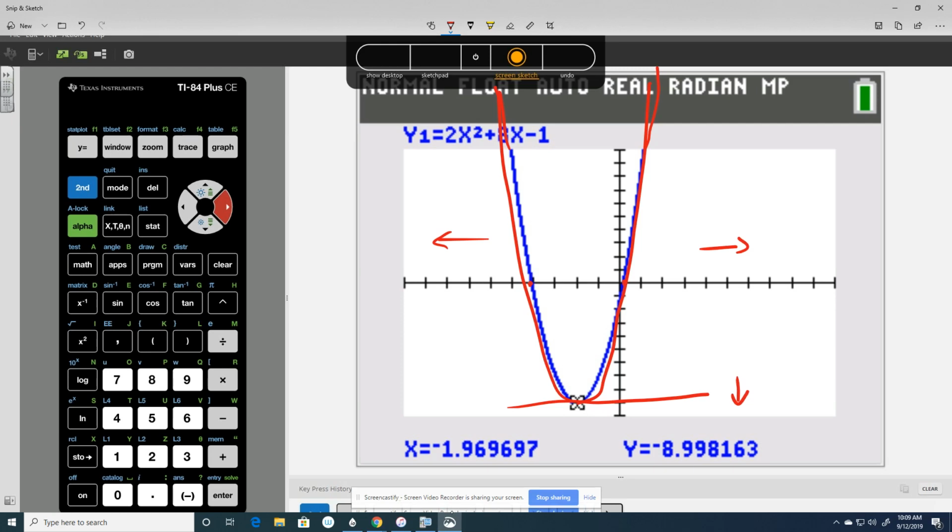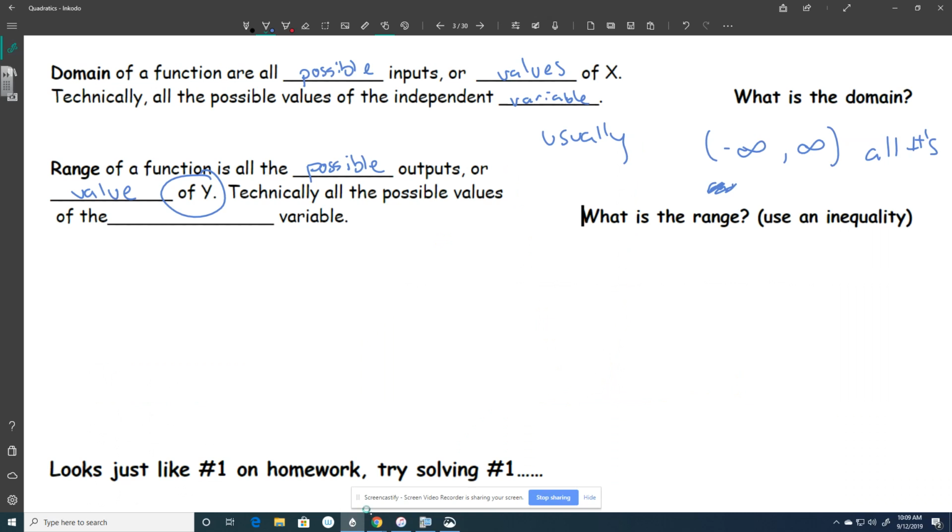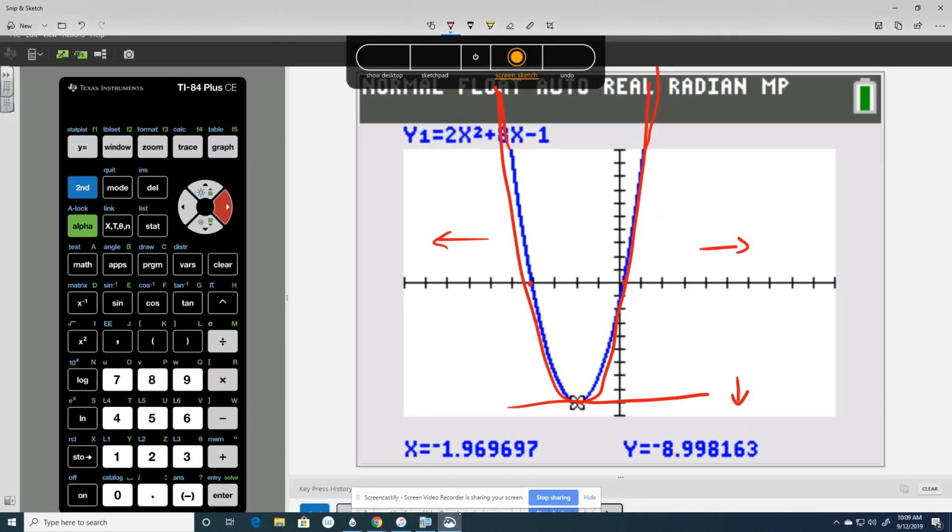They don't ever go down below the vertex. And that's going to be our hint, is we're looking at the y value of the vertex, because that is the lowest point. That's the lowest y value that I can get to. I can't go any lower than this. There's nothing down here on my graph.